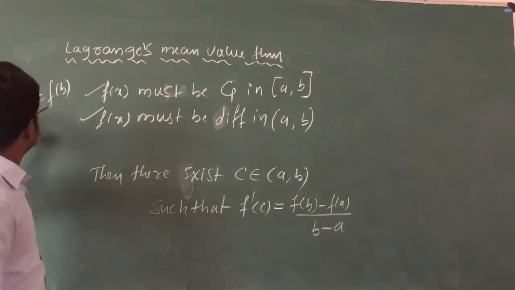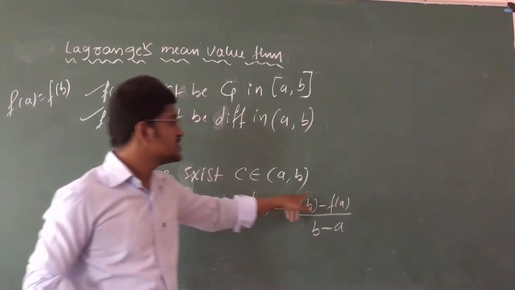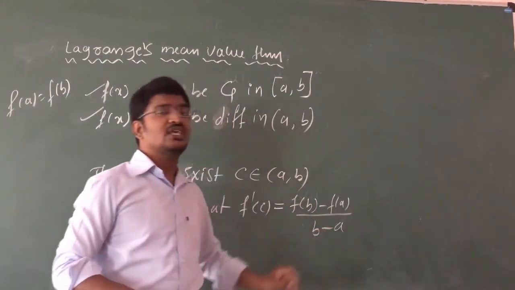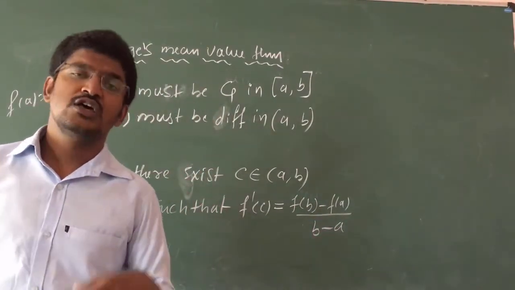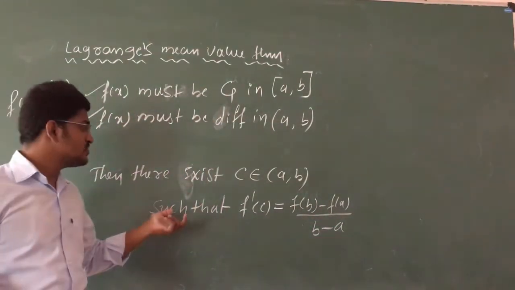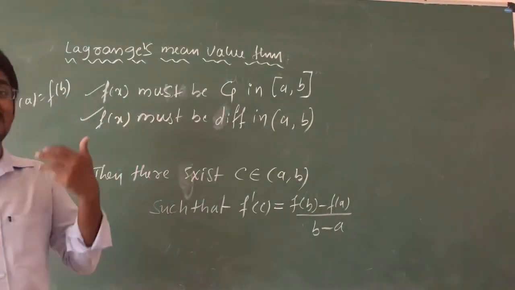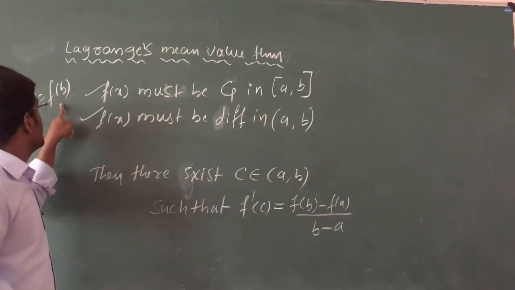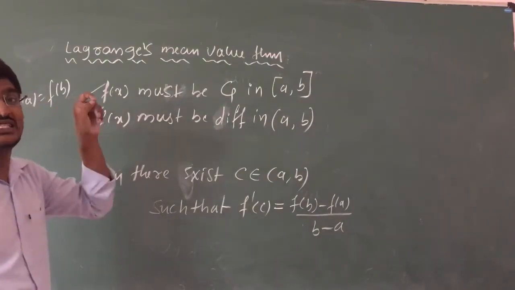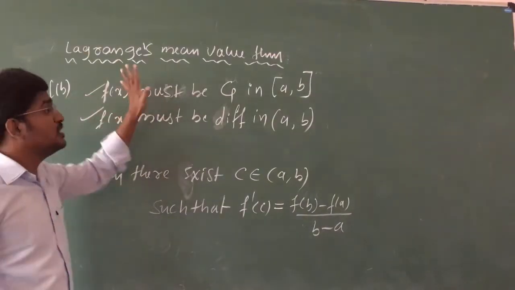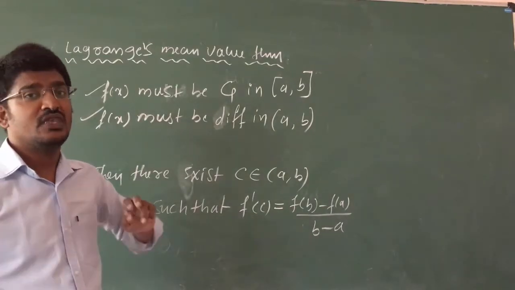Clear? Because if these 2 terms are equal, here it is going to be 0, and 0 by anything is again 0. So in that case the answer will be trivial. So the third condition, f of a equal to f of b, is not included in Lagrange's mean value theorem.